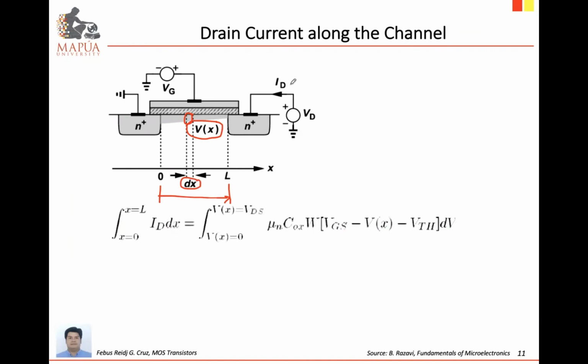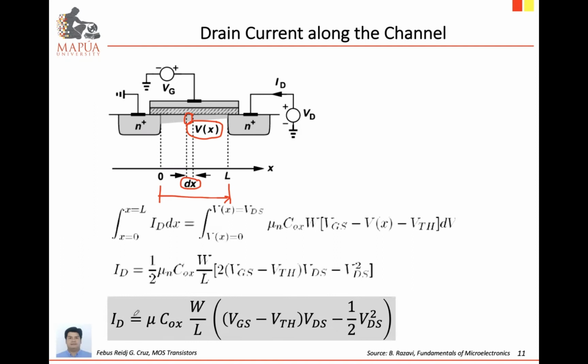And we try to measure the amount of voltage along that area. And we can determine the resulting drain current using the integral function. So determine the integral of the resulting drain current along the channel length dx from x equal to 0 up to x equal to the channel length L. All right? So if we process that function, that would result in this equation.